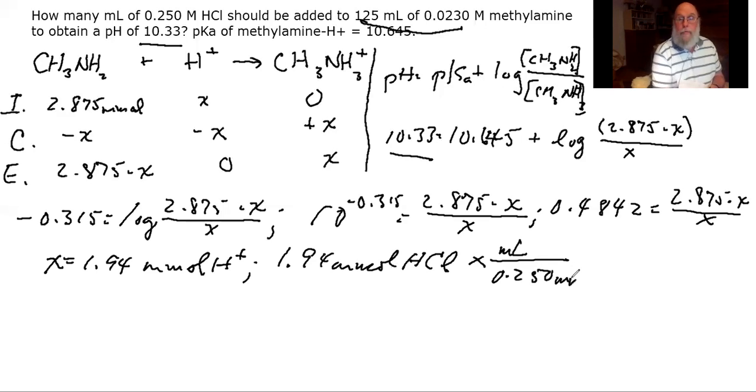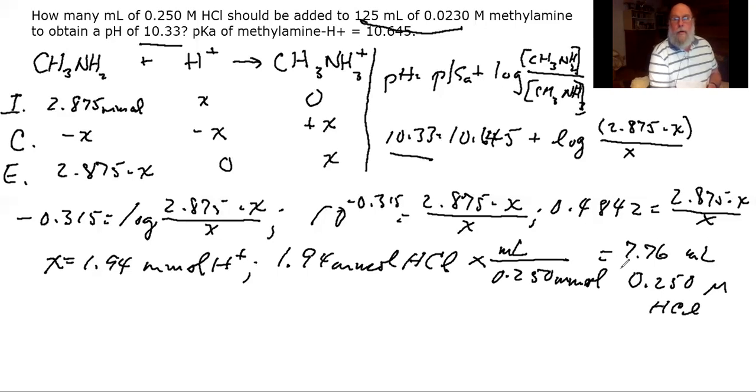Well, that's millimoles per mil, so I'm dividing by molarity. Remember, millimoles per milliliter is the same as moles per liter. And that is going to equal 7.76 mils of 0.250 molar HCl.